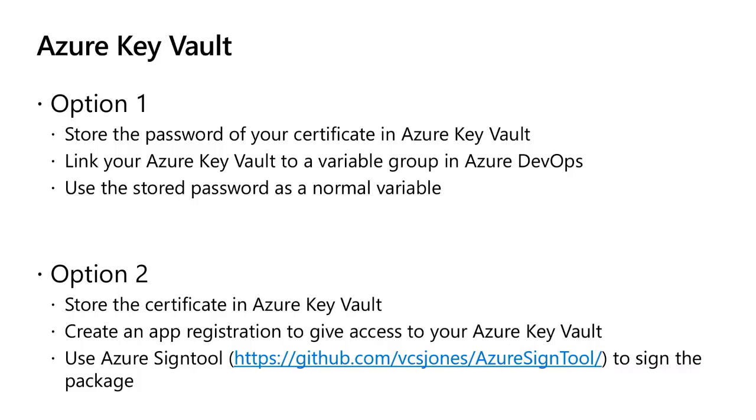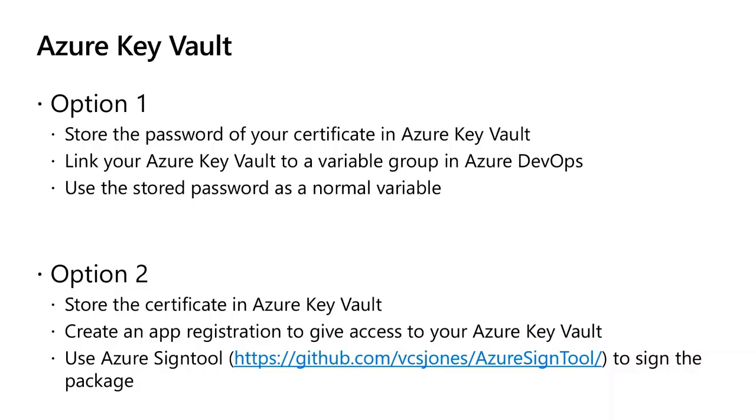So you can use variables inside your Azure DevOps pipeline, but the value of this variable is not coming from Azure DevOps itself, but from Azure Key Vault. So you can store the password of your certificate on Azure Key Vault, and then in the signing task, you can set up as password a variable coming from Azure Key Vault. So this way, you don't have to share your password with Azure DevOps, but you can leave it on Azure Key Vault.